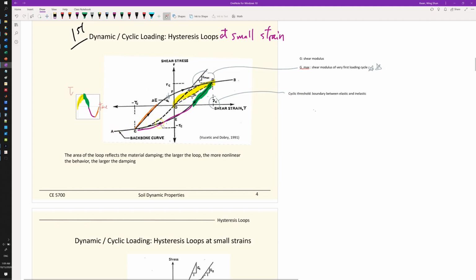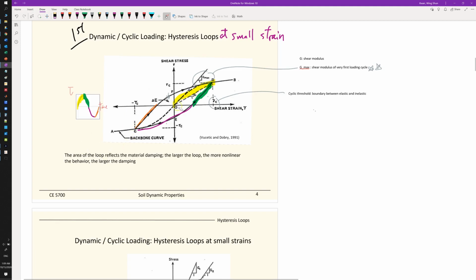This part of the curve we call the backbone curve. It's just terminology for the modeling people, how to call this part of the loops. Then the loops turn back and go back to the zero position.